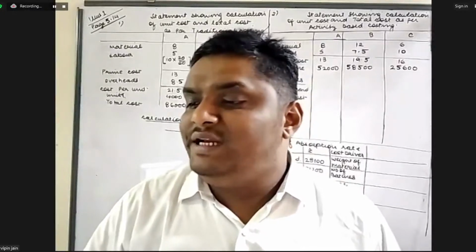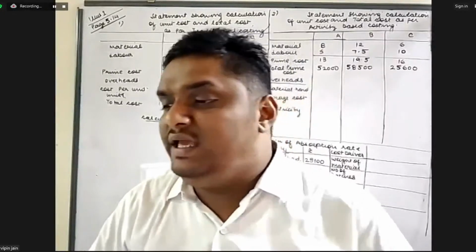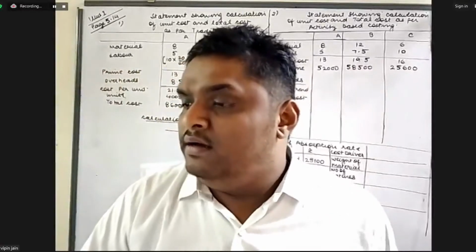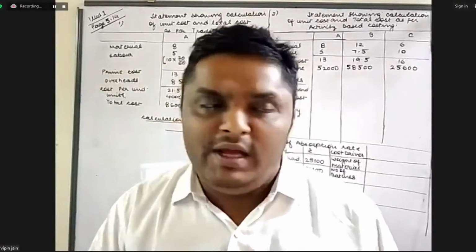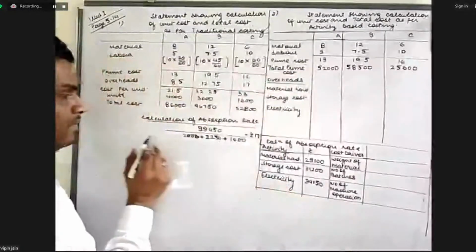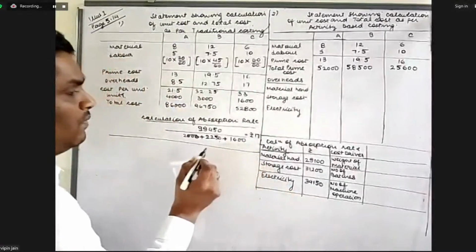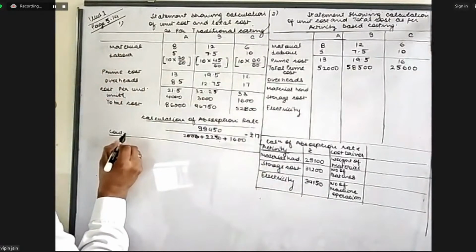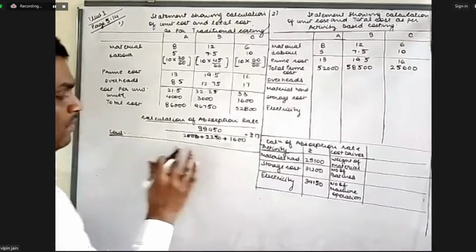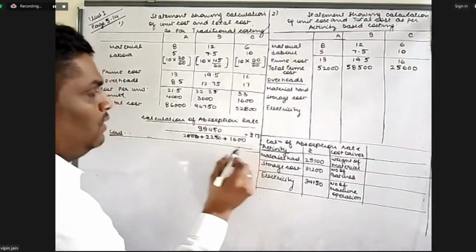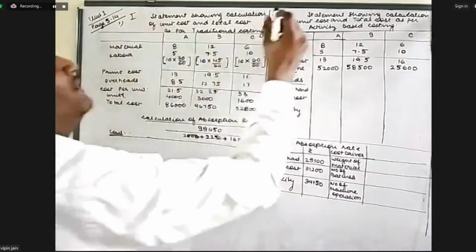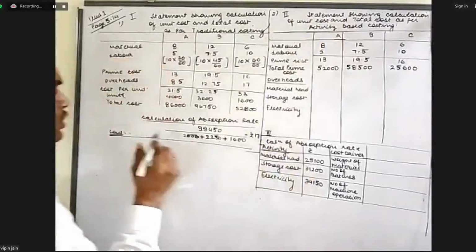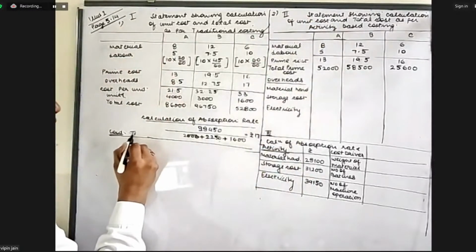Herein the material is given: 4 kgs are required to manufacture A, 6 kgs are required to manufacture product B, and 3 kgs are required to manufacture product C. So guys, first one is this, second one is this, third one is this. Due to space constraint, I'm writing the fourth part here.